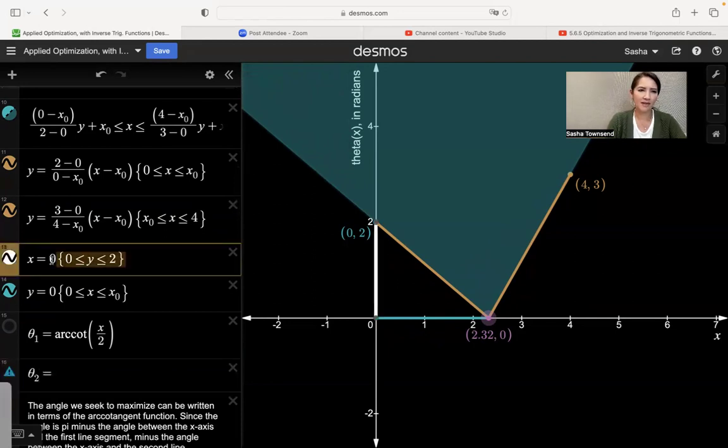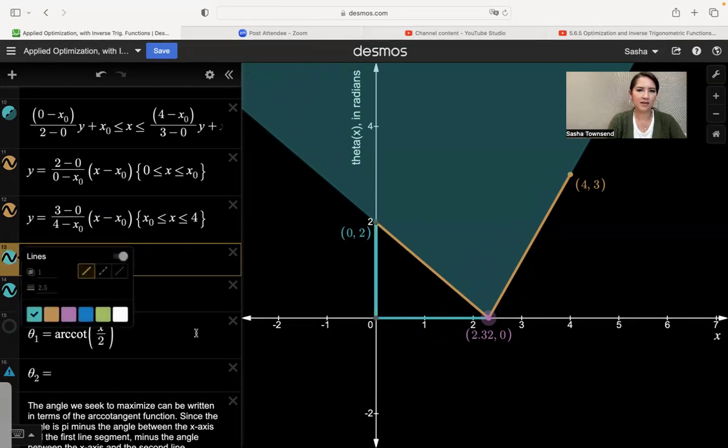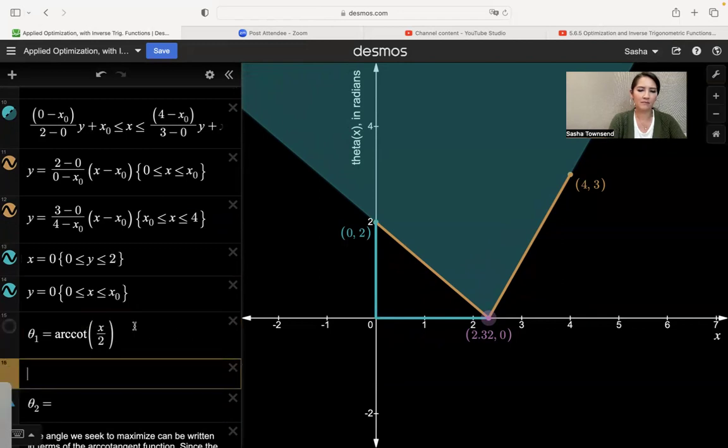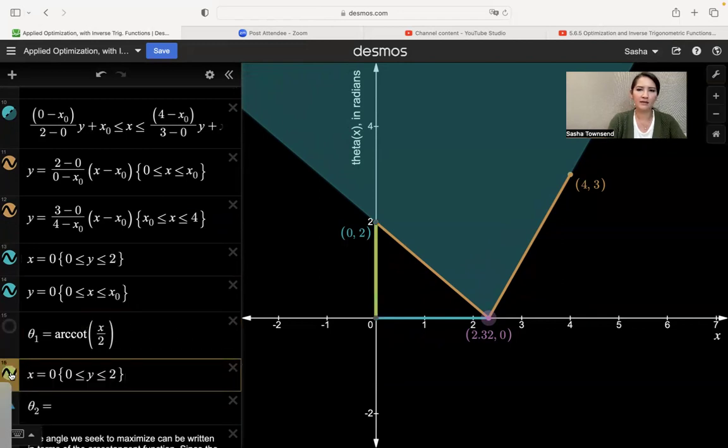And maybe we should graph that as well. Let's graph the triangle. I'm going to use teal for that triangle on the left, and let's use purple for the triangle on the right. So I want x equals 4 for y between 0 and 3.